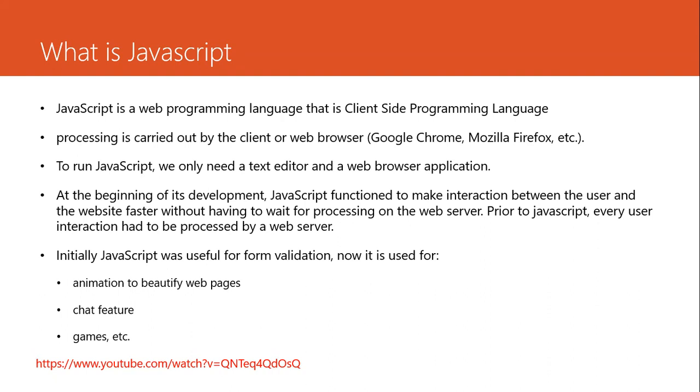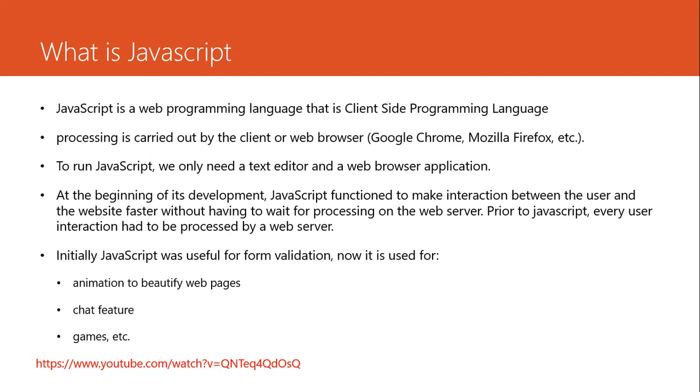Okay, so at the beginning of its development, JavaScript was used to make interaction with the user when we have form validation. Maybe I think everyone has tried to input something in a form and there is something like form validation.